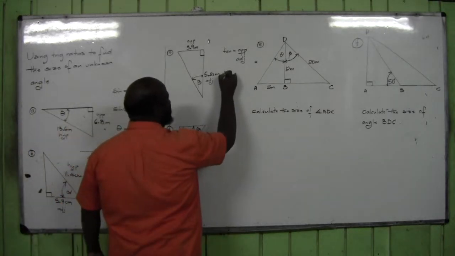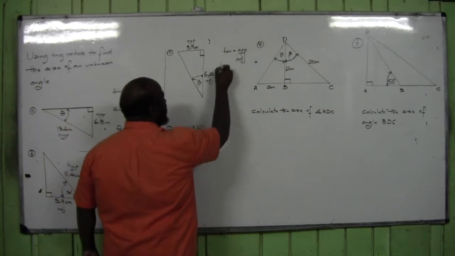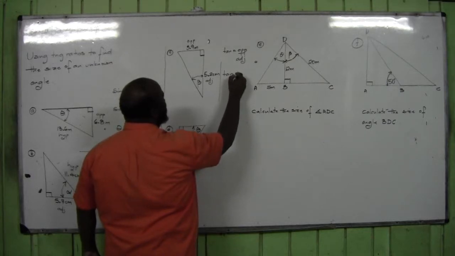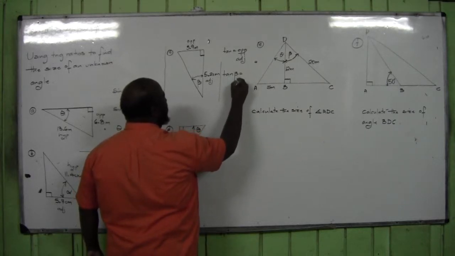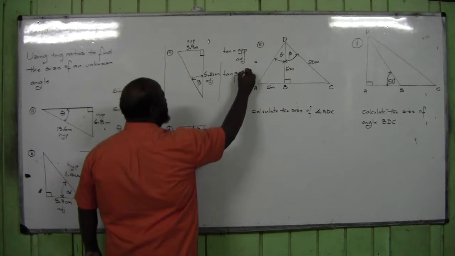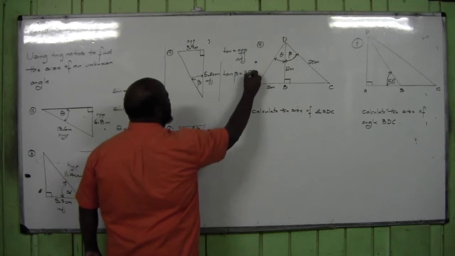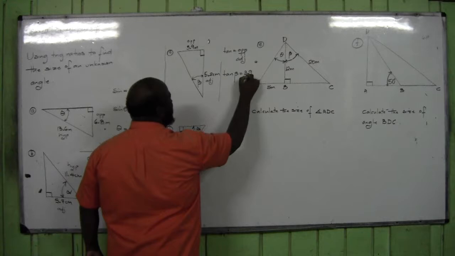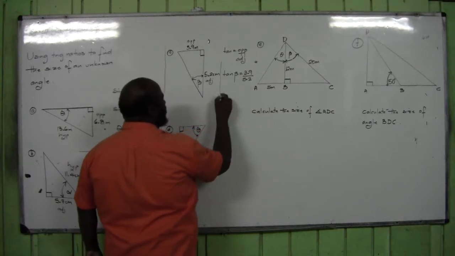Then the tangent of beta is equal to opposite over adjacent, which is 3.9 over adjacent, which is 5.2.